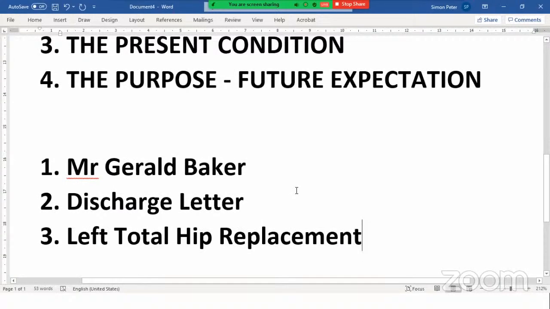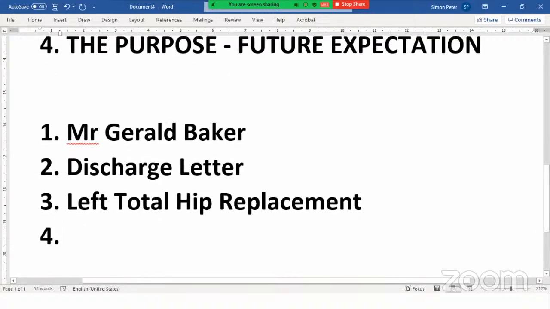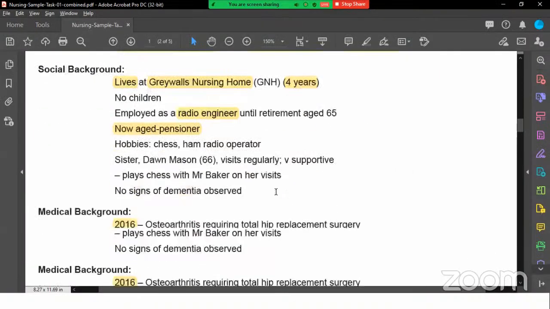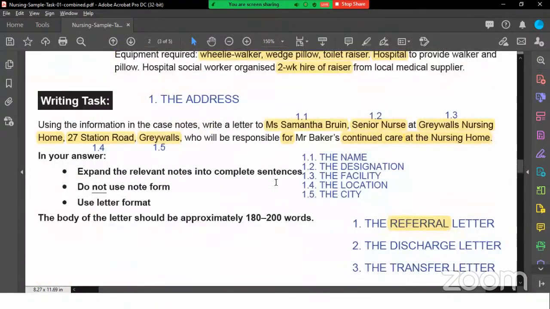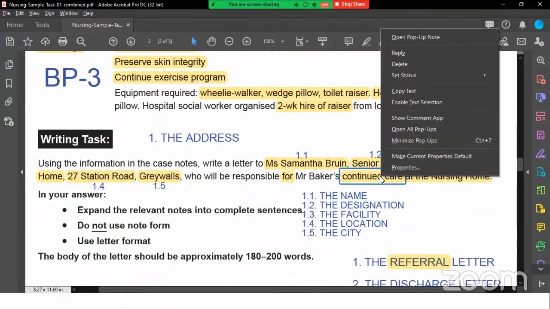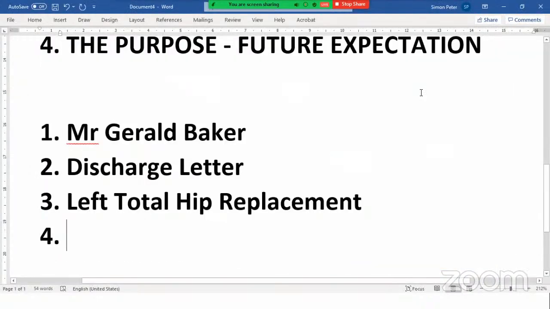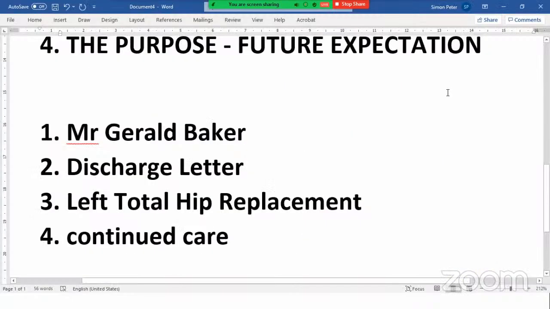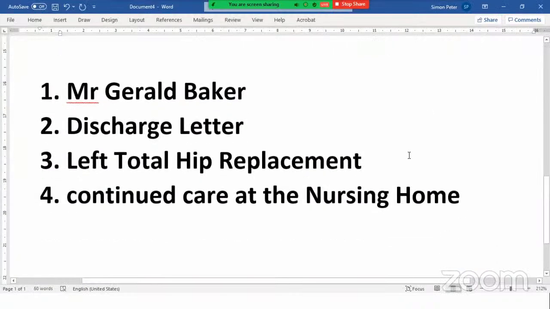It's done. Okay, completed. And the fourth one is the future expectation. Where you will get it from. Continued care at the nursing home. So this is the introduction.